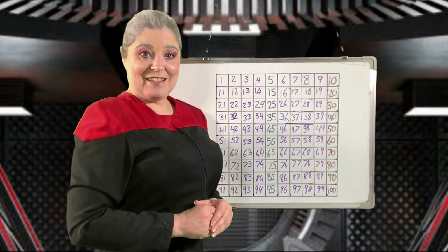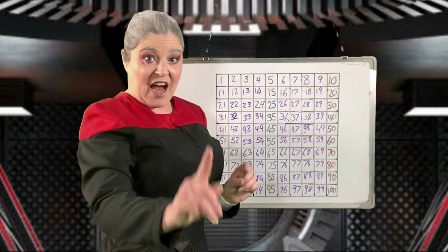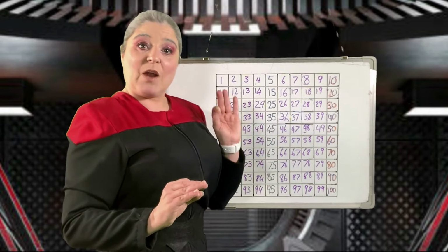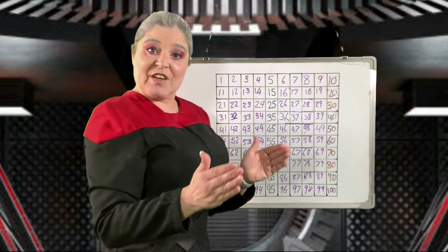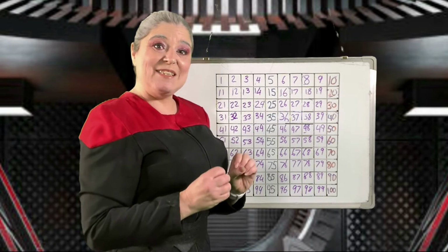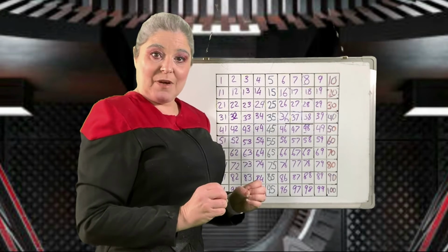Very good. It's important to remember, we've done missing numbers before. It's important to remember that we do different things depending on which number is missing in our missing number sum.